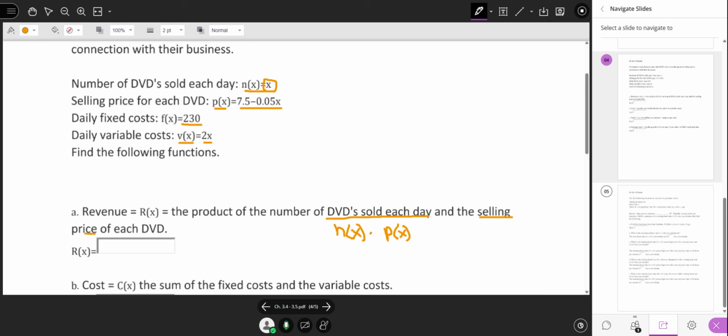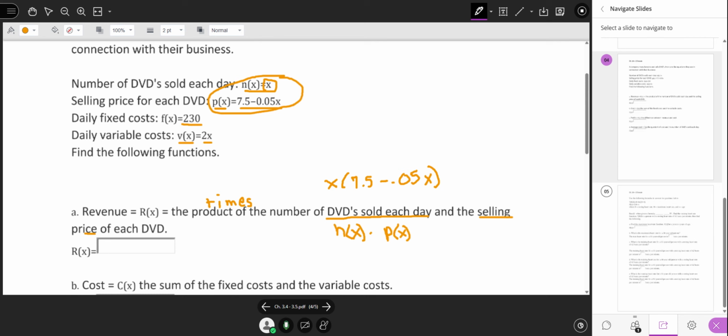So that's going to be these two multiplied. Product is times. So you take X times 7.5 minus 0.05 X.